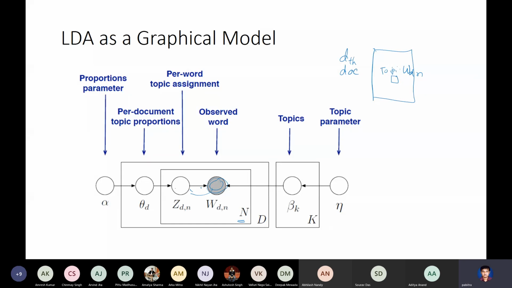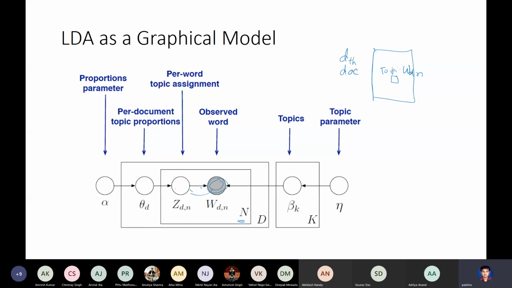Now what I say is that this per-document topic proportion, theta1, theta2, theta3, each of them are three-dimensional vectors if we have three topics. So these capital D three-dimensional vectors, theta d, we can think of them as capital D samples, where each sample is a vector, drawn from some distribution, which I call, say, the outer loop distribution.